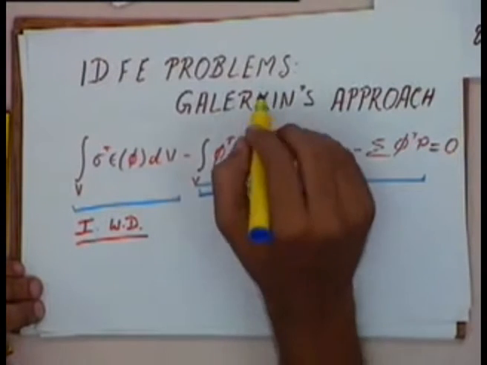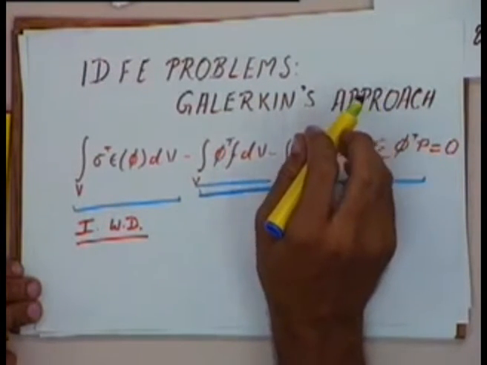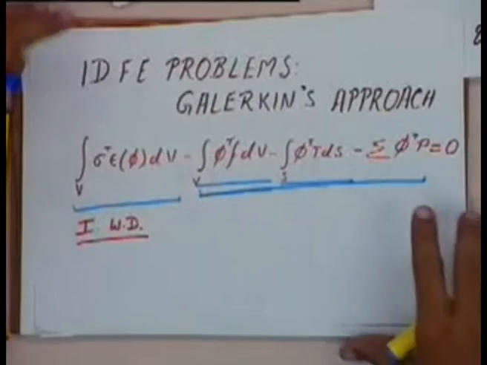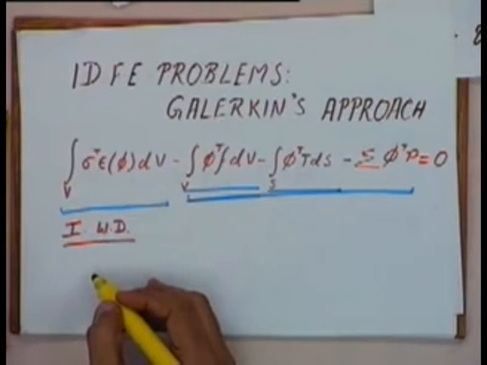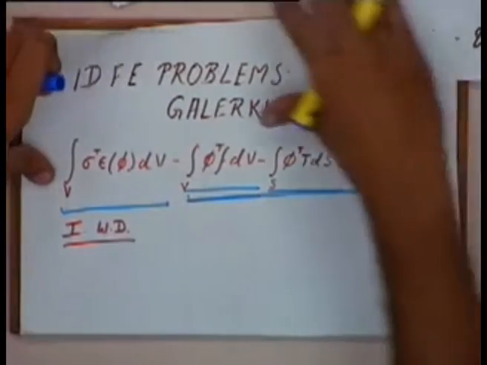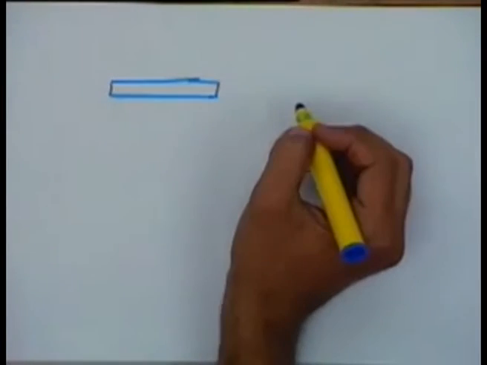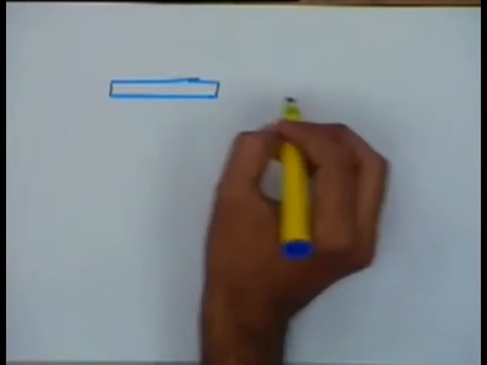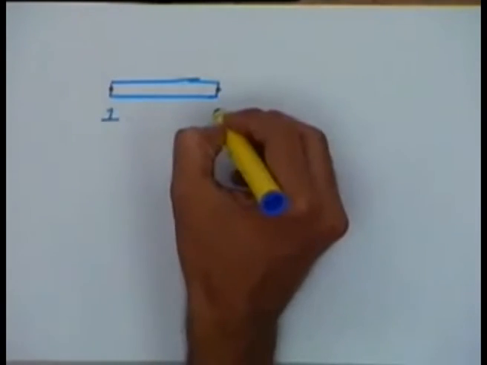Now whether we have one dimensional problems or two dimensional problems or three dimensional problems, our aim will always be the same. We will take expressions like this and simplify them using a set of shape functions. We took an element like this, which is a one dimensional element, and we said that we will take two nodes on this element, 1 and 2.